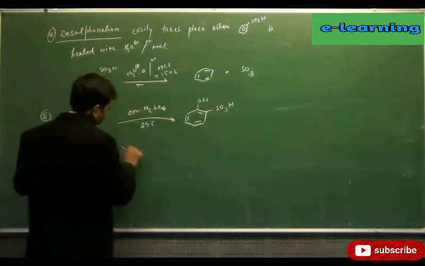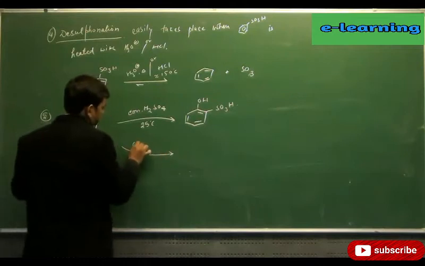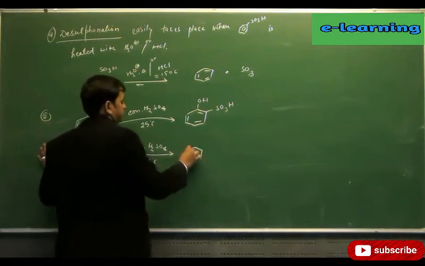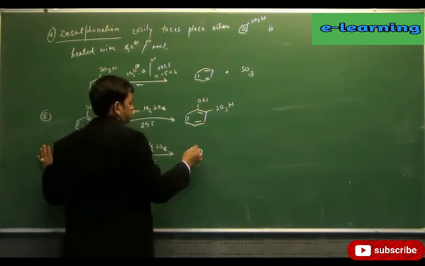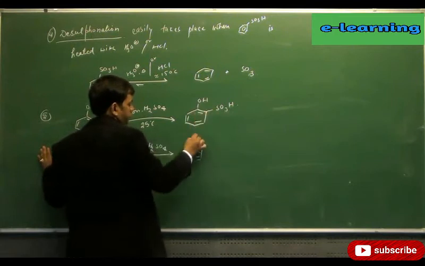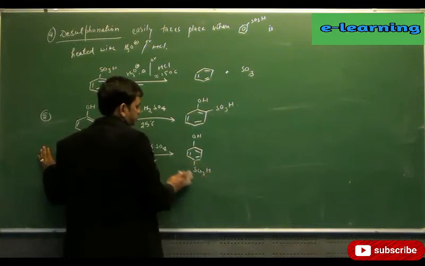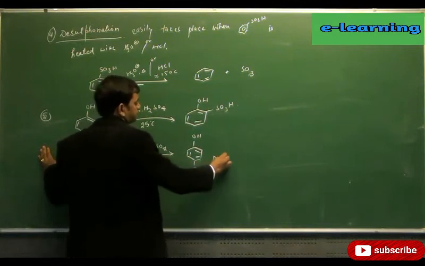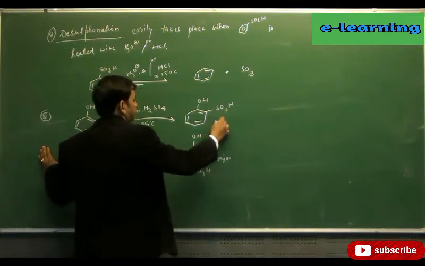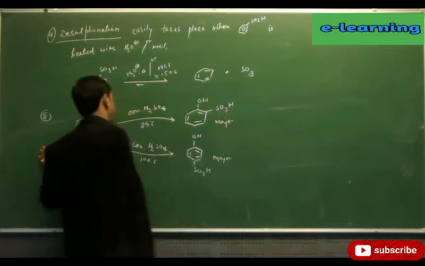If it is approximately 100 degrees centigrade, para will be major, because the chelation breaks down at 100 degrees centigrade temperature. And at low temperature, ortho is the major product.